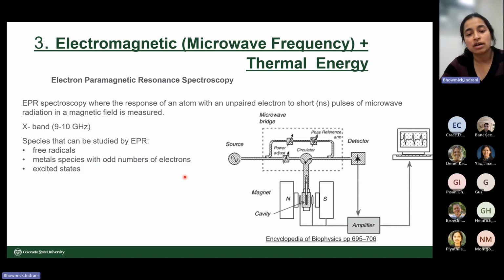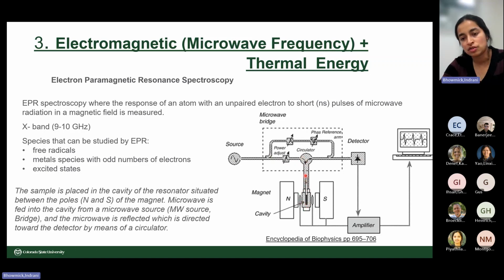And the way it works, the reason it is a spectroscopy, is that you have a source sending the microwave, and that goes without interacting with the sample to the detector. And then a part goes through this circulator and goes inside. Here your sample sits, and then the response goes back to the detector.